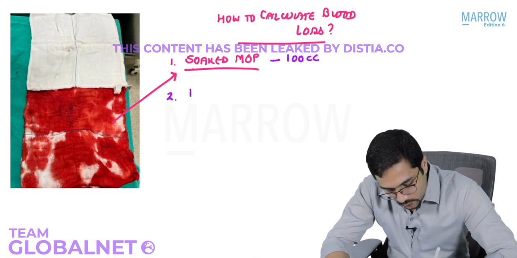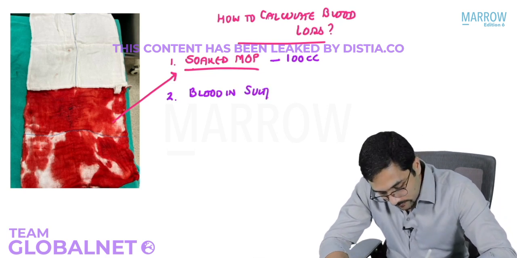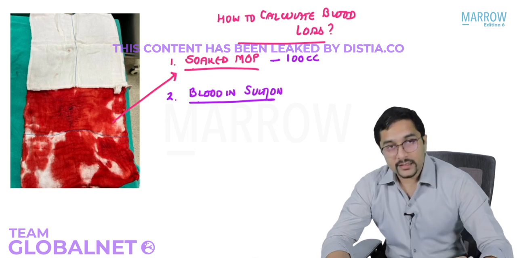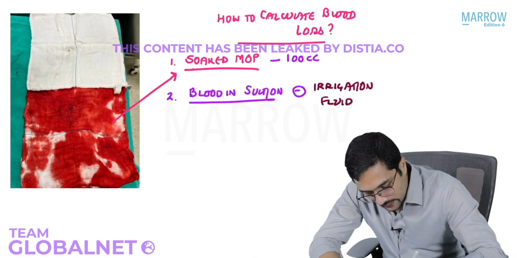The second, we have to look at the amount of blood in the drain, in the suction machine. Amount of blood in the suction minus irrigation fluid used. If you wash the cavity with saline, that much you have to minus.